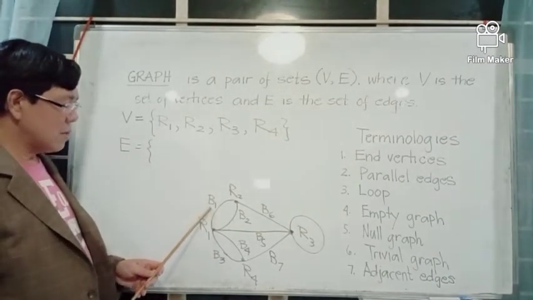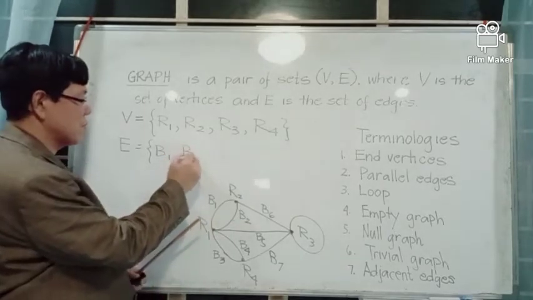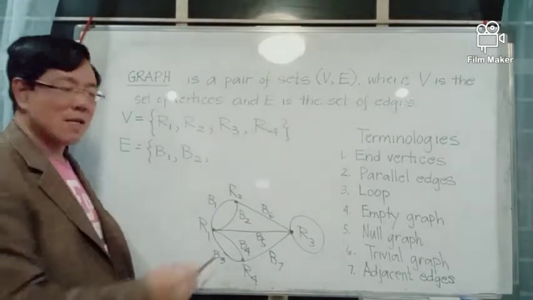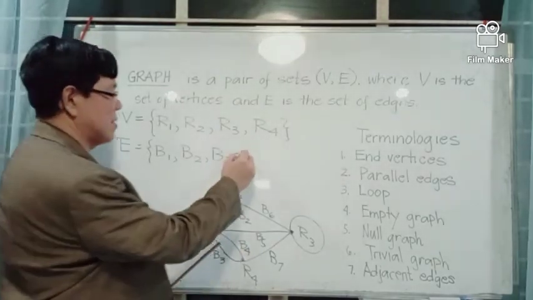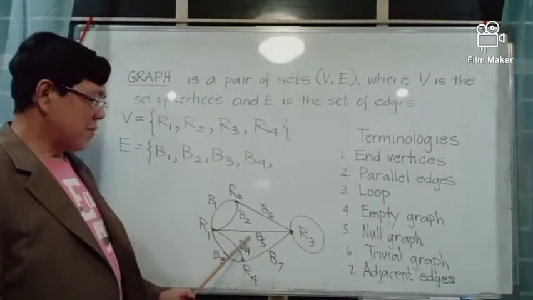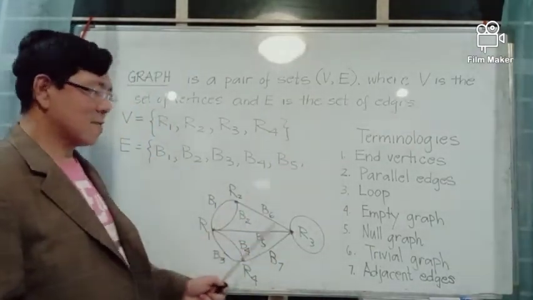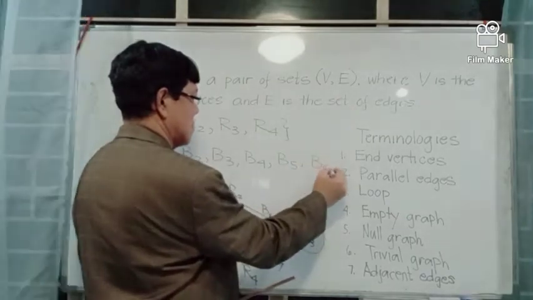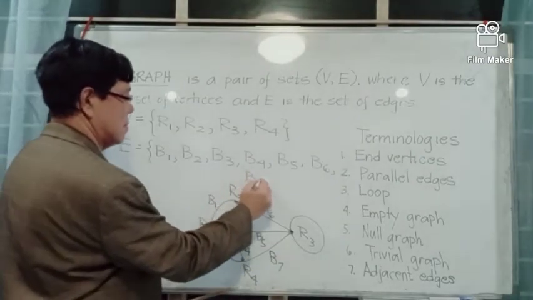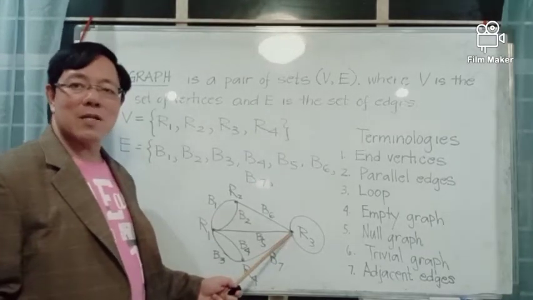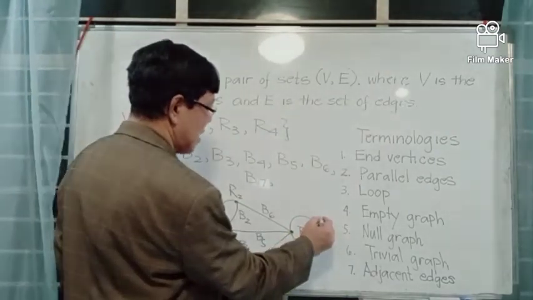The edges are B1, B2, B3, B4, B5, B6, B7, and this edge that I added that connects vertex R3 with itself, I will denote by B8.